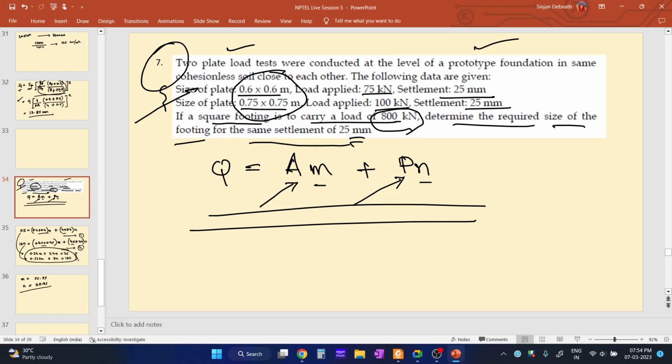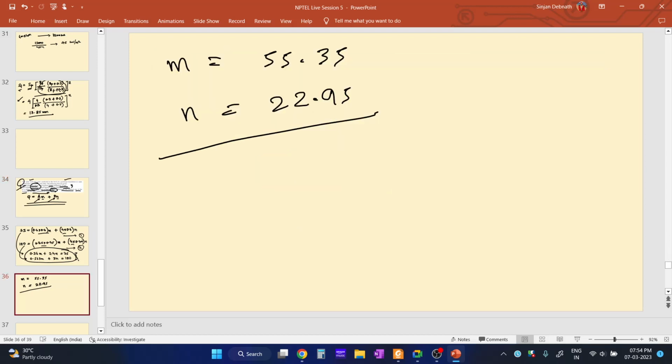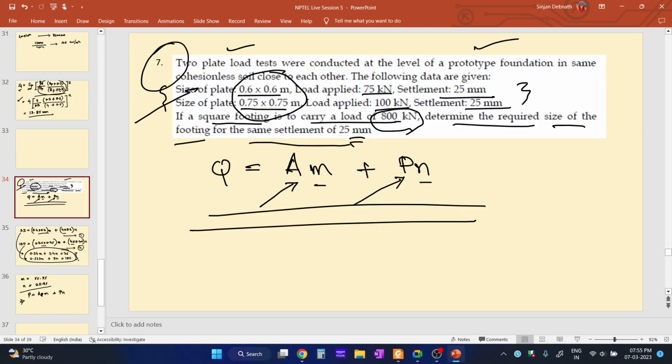Since the plate load test settlement and the footing settlement are the same, we can write Q equal to AM plus PN. Here, Q is 800.